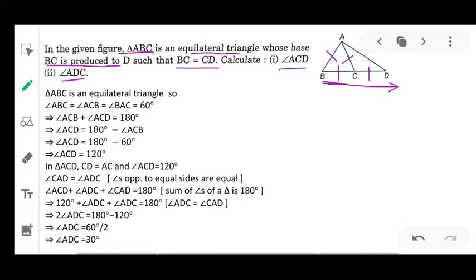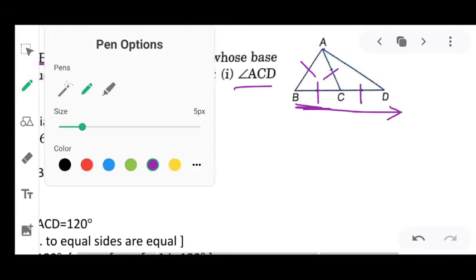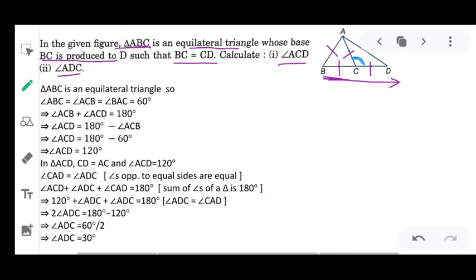Clear? Now we have to calculate angle ACD and angle ADC also.